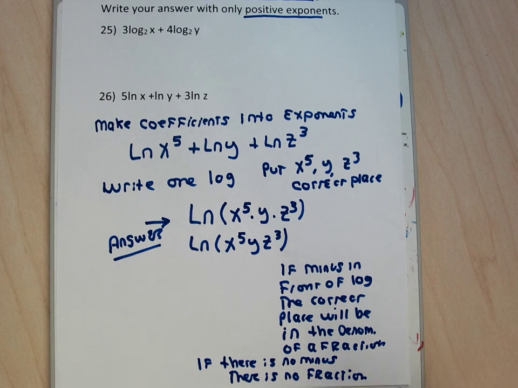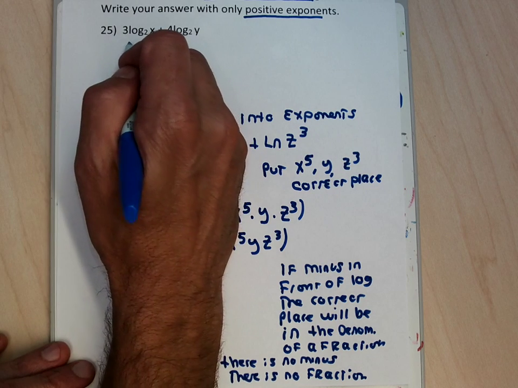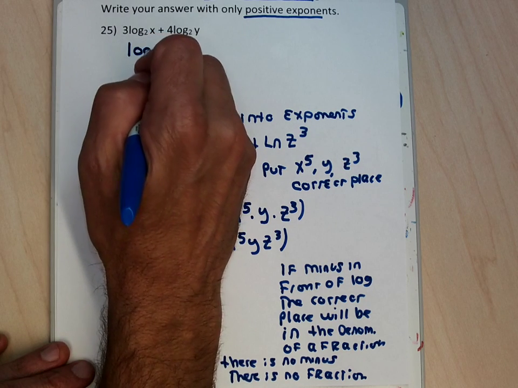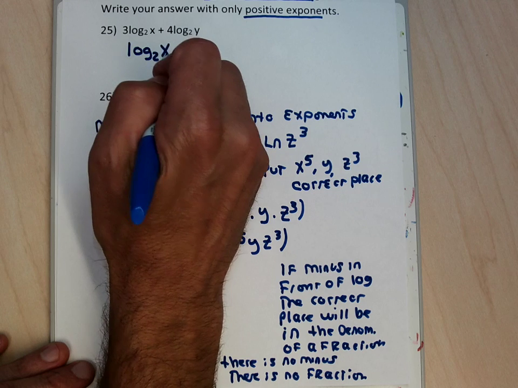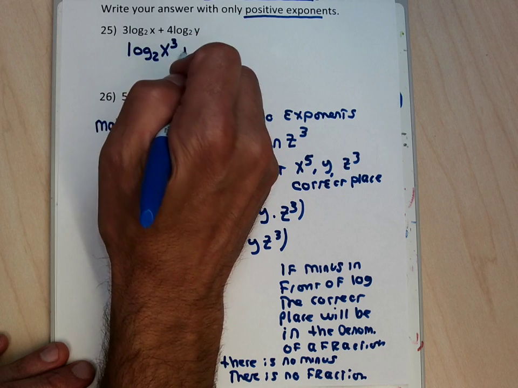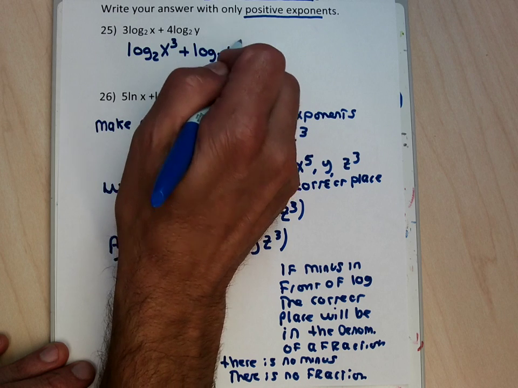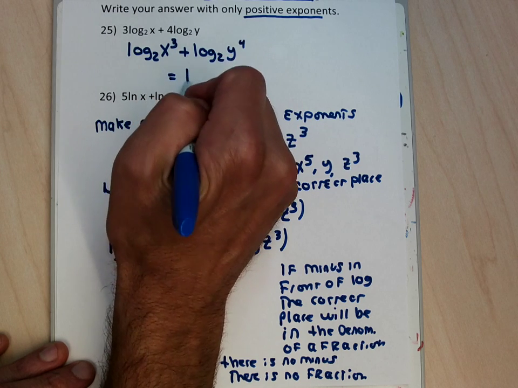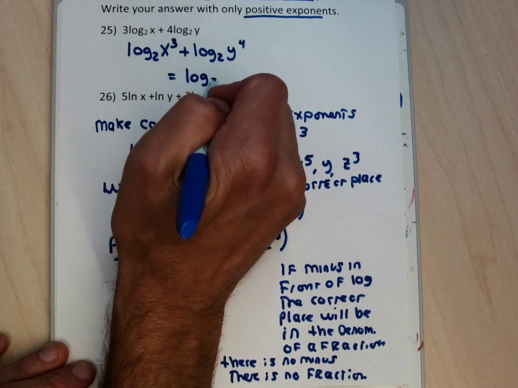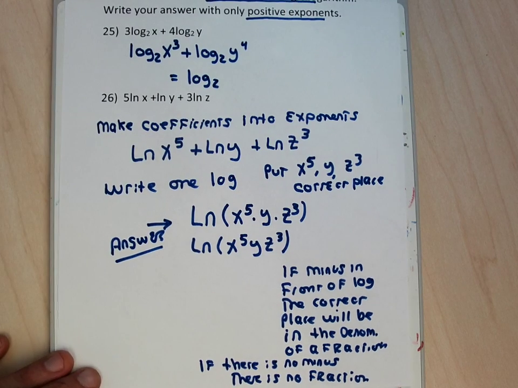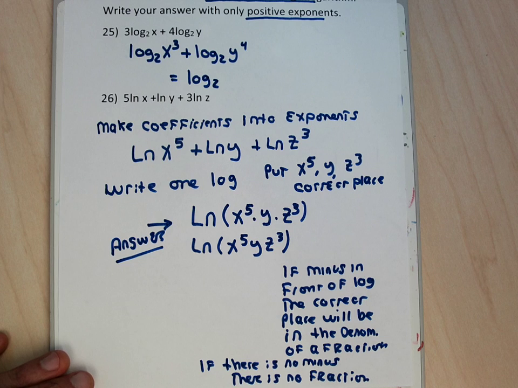Your problem 25 is a lot like this. Let me just do it real quickly. Your problem 25, the first thing you would do is you'd make the numbers in front of the logs into exponents. And then I'm going to write one logarithm because I was asked to write a single logarithm. And you're going to put the x cubed and the y fourth in the right place.